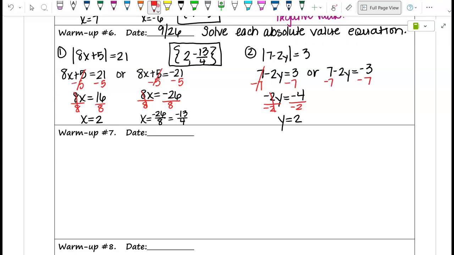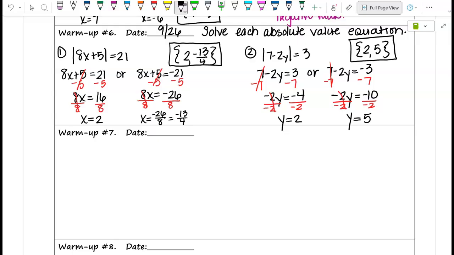Subtract 7 from both sides. So negative 2y equals negative 10. Divide both sides by negative 2. And y equals 5. So my solution set here would be 2, 5.